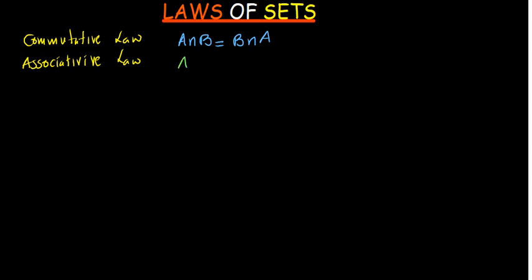When you say A union B union C, this is the same as A union B and then union C. You can start with the first two and then perform the operation with the last one. Even when we use intersection there, it will all be the same. That's the associative law. And then we've got the distributive law.